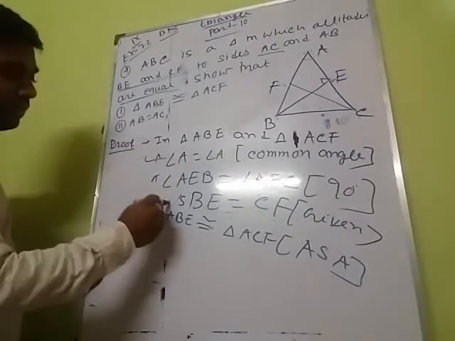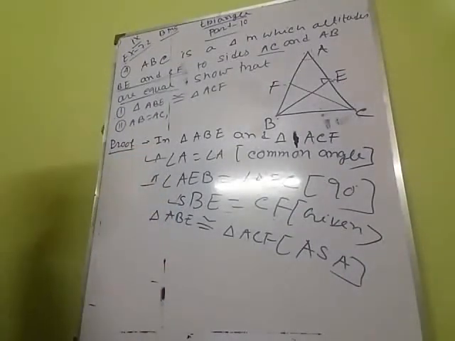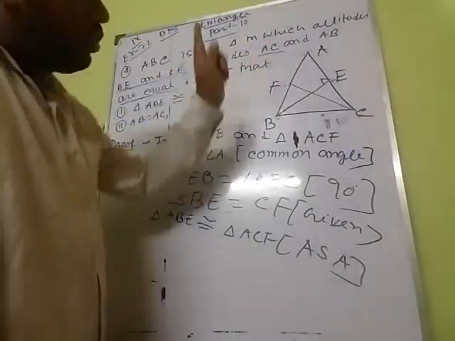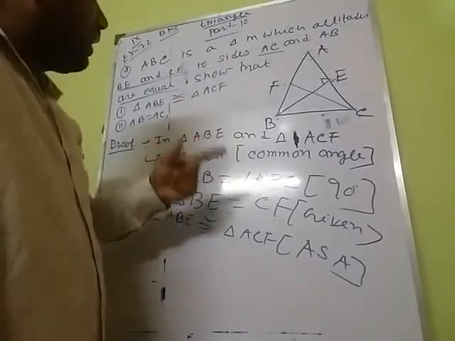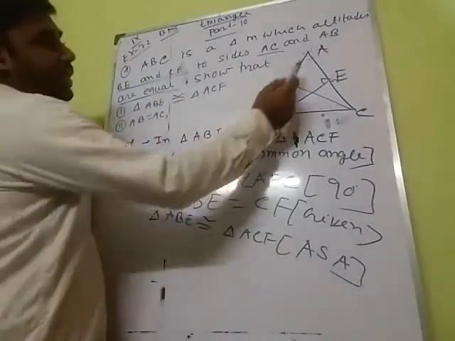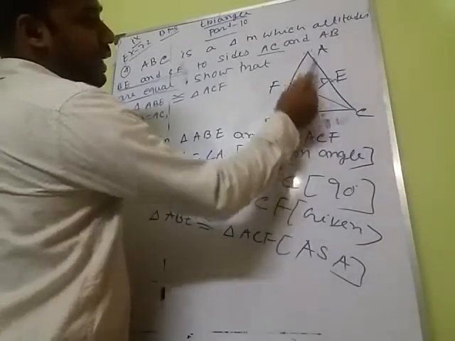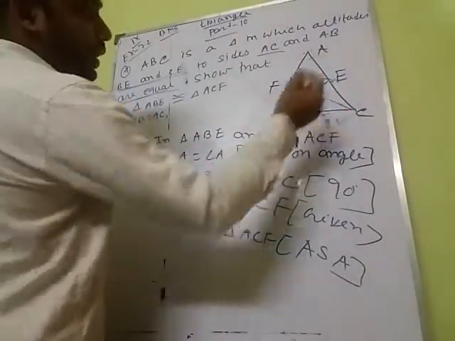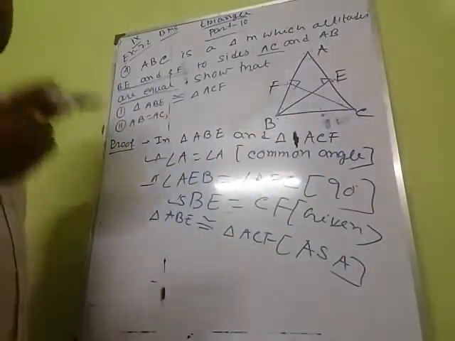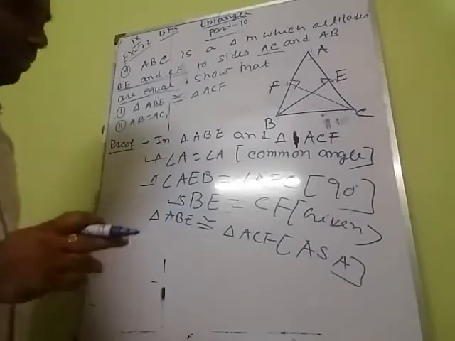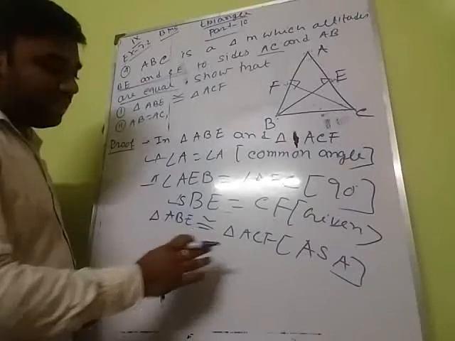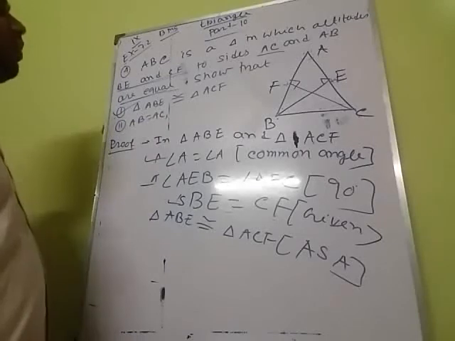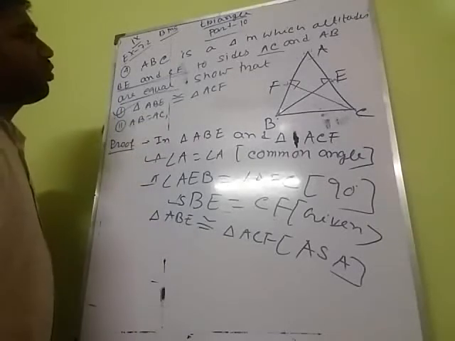Again I am discussing the conditions: angle A is the common angle in both triangles; angle AEB equals angle AFC because they are 90 degrees; and CF equals BE because it is given in the question that the lengths of these altitudes are equal. So using ASA, these two triangles are congruent. This is our first proof: triangle ABE is congruent to triangle ACF.